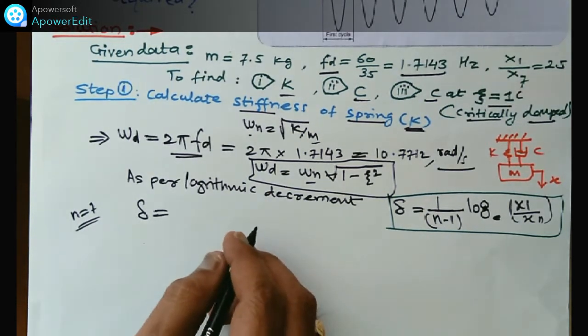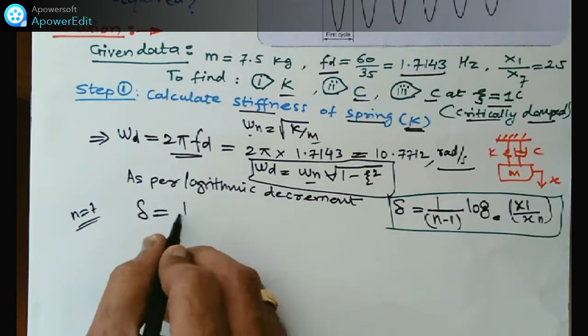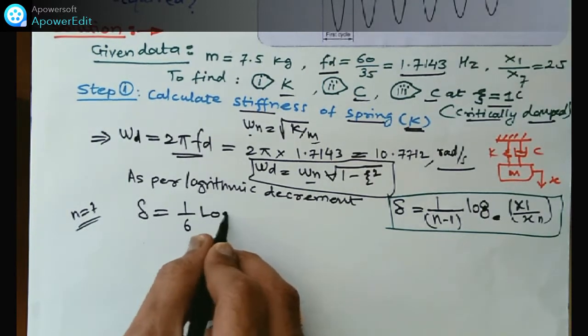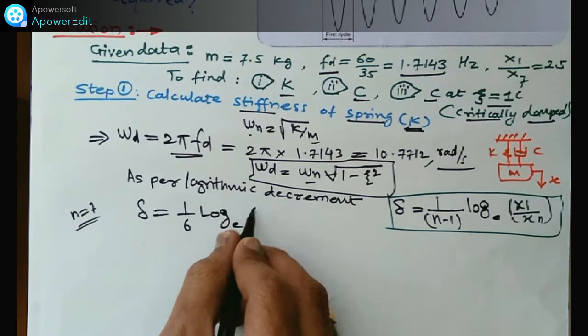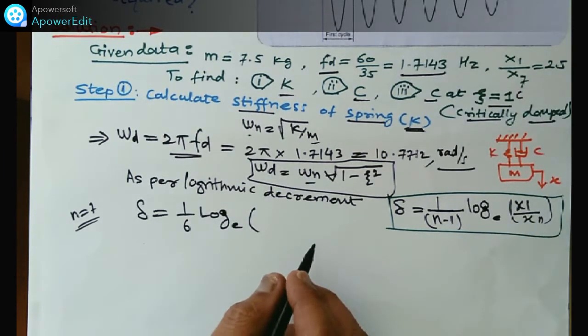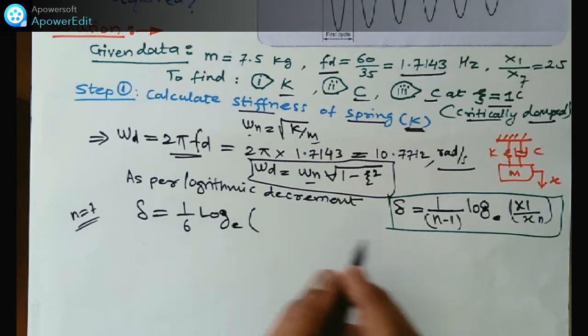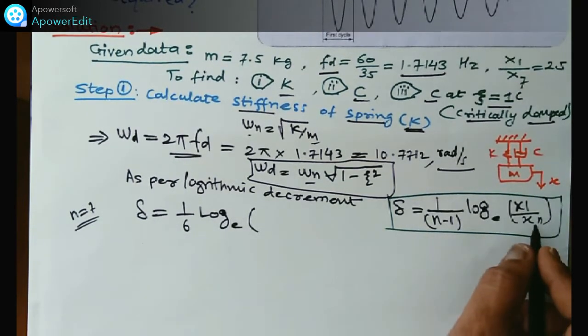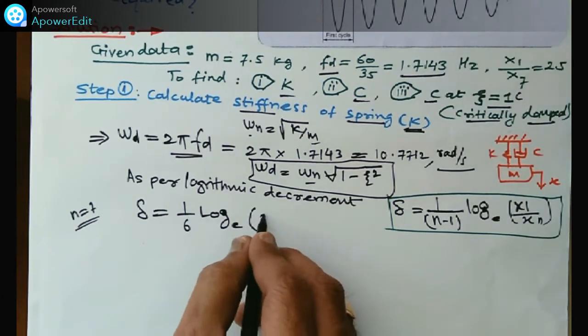So I write here 1 by 6, meaning n minus 1, which is 7 minus 1, into log to the base e inside the bracket x1 by xn. Here x1 by x7 is the ratio we have, that we will write here as 2.5.